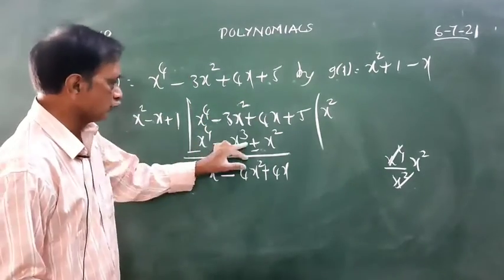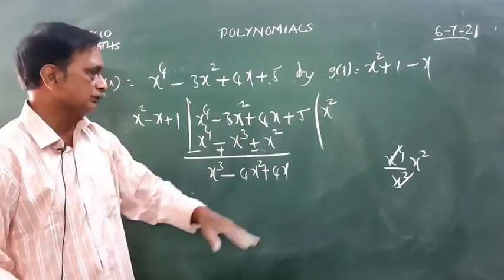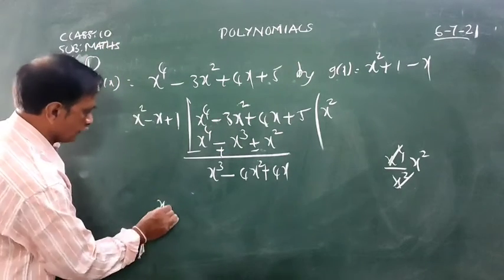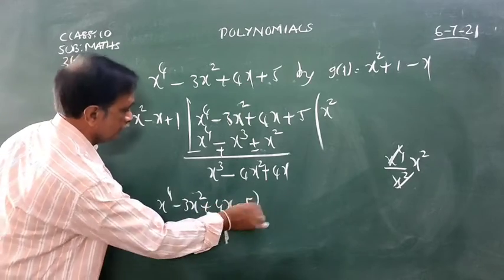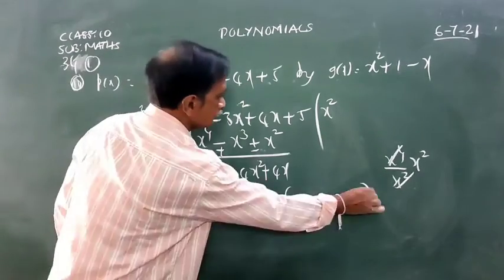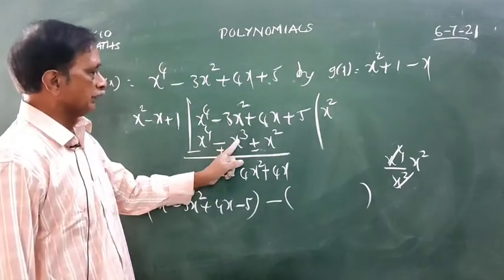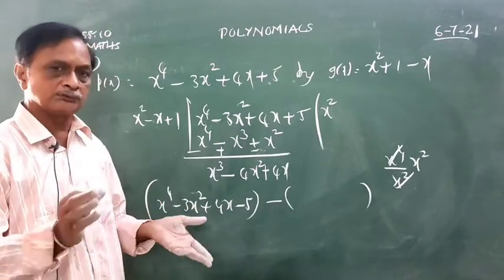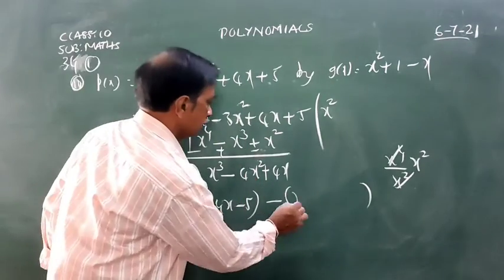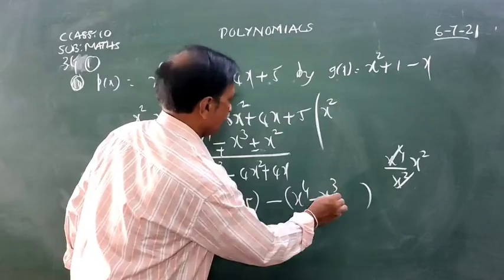Actually, I will subtract this one from this one horizontally. See what happens? X power 4 minus 3x square plus 4x plus 5. Subtracting x power 4 minus x cube plus x square from this one, you can use either horizontal method or vertical method.